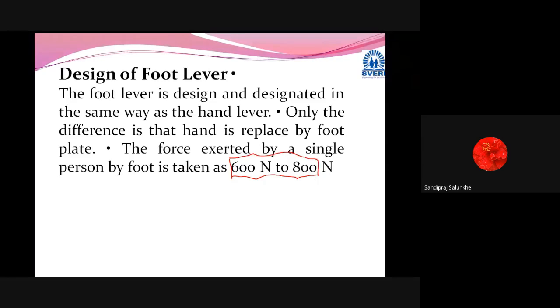But if it is not mentioned in that problem, then for the foot operated lever you have to consider the force which we can exert in between 600 to 800. Okay, and clearly you have to mention that you are considering the force which we can apply on the foot lever as 750, if you are going to consider it.